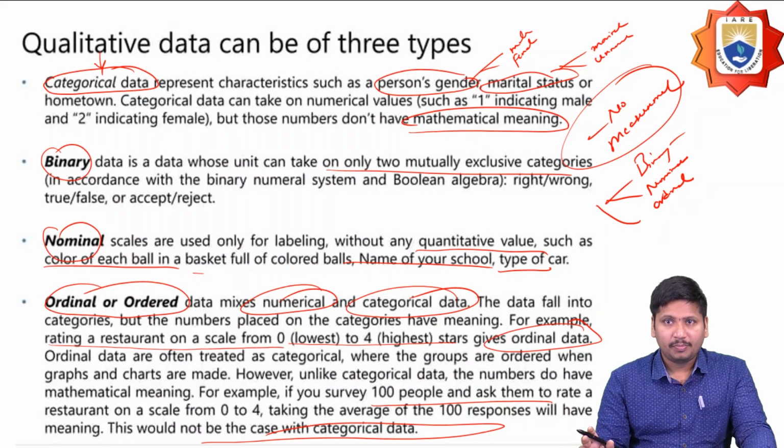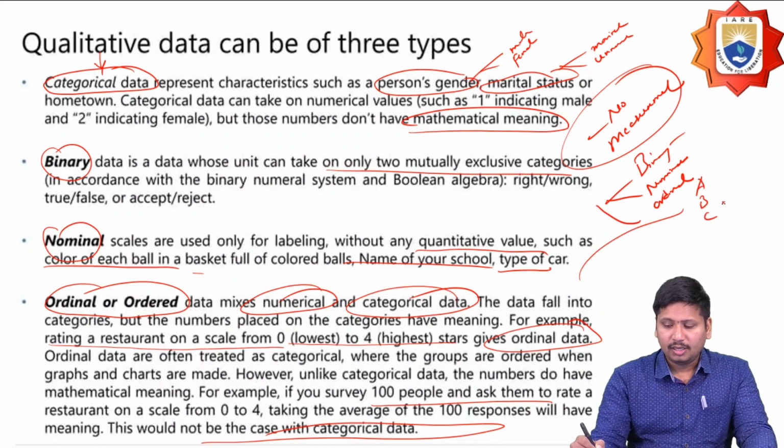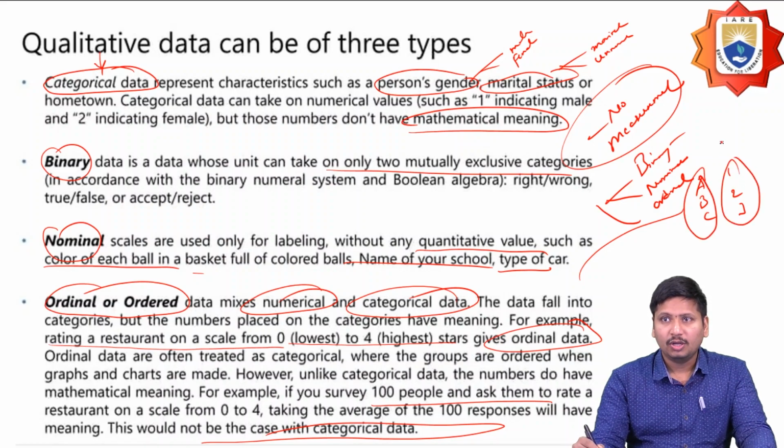Here we consider some order, like grades of students and places secured in a game. These are examples of ordinal data.